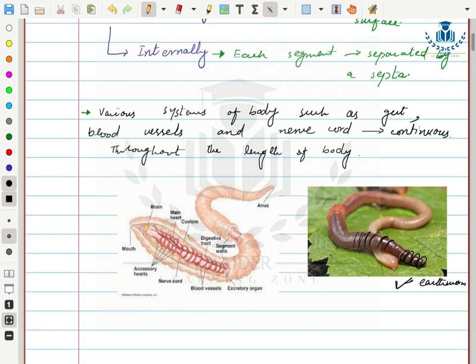While this figure shows segmentation internally, you can see that there is only one gut from this part to this part. There is only one mouth and one anus. That is why it has only one gut that runs through the length of the body. And this is the network of their blood vessels, penetrating each segment of the body.